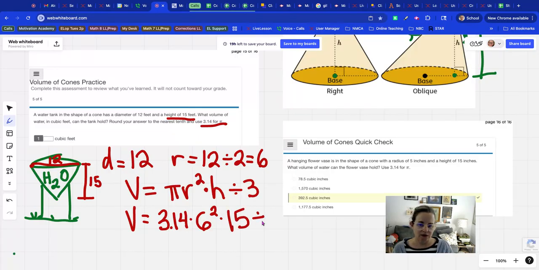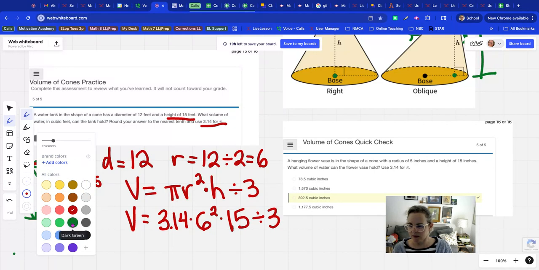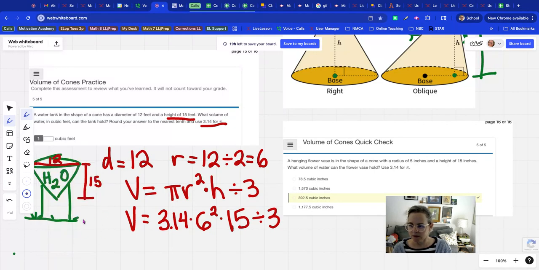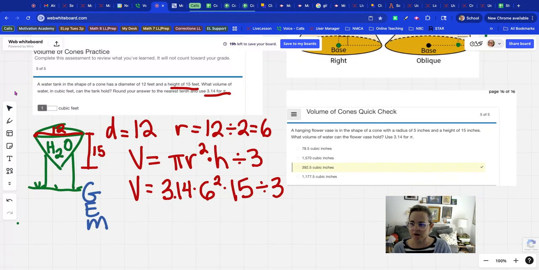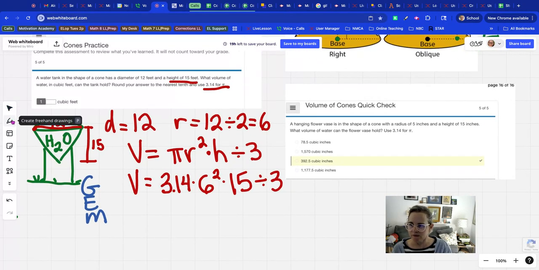You guys, I'm going to think about GEMS, the order of operations. Let me move this up a little bit, I ran out of room here. So GEMS.